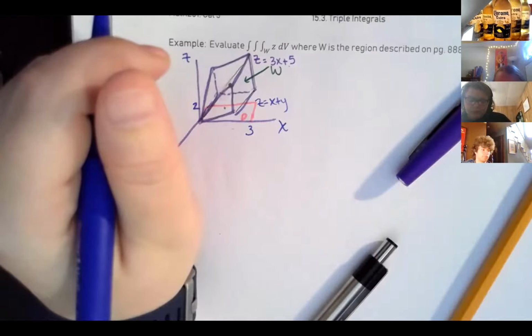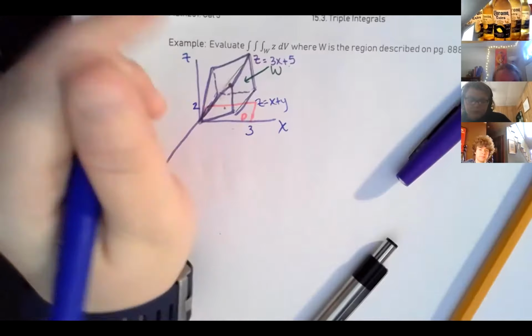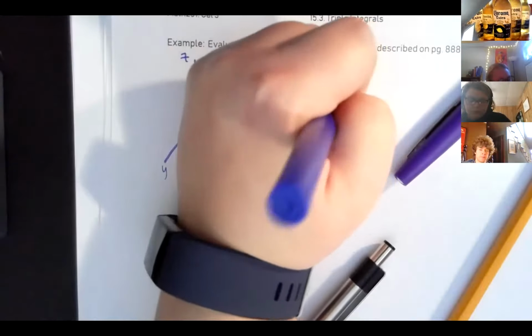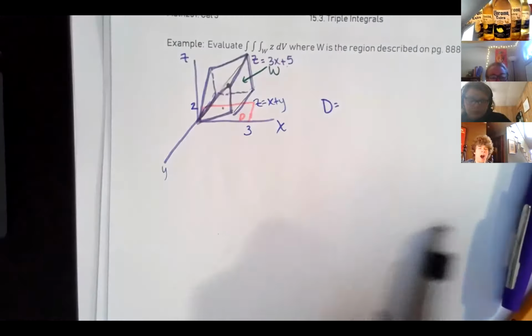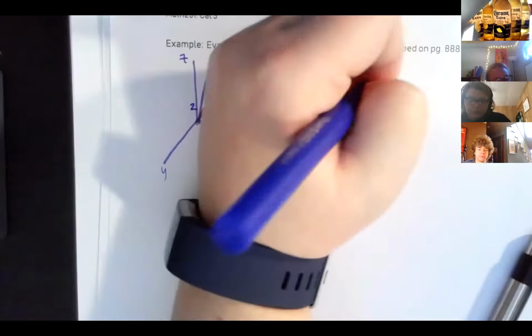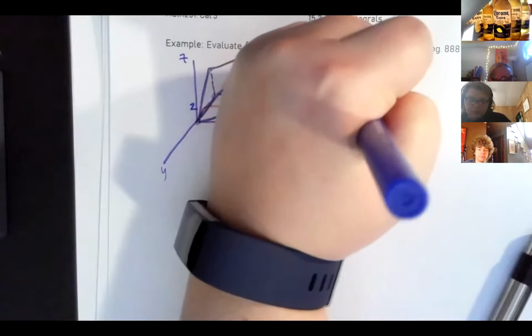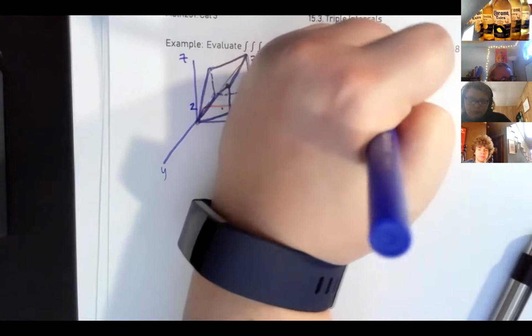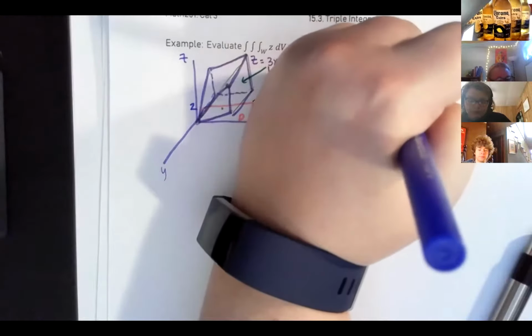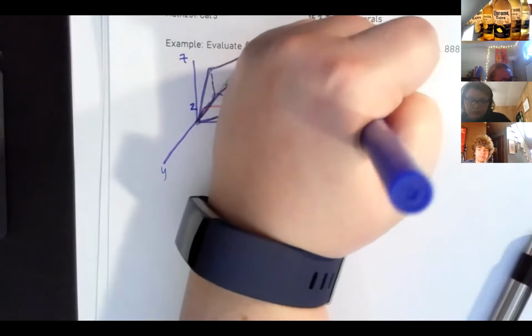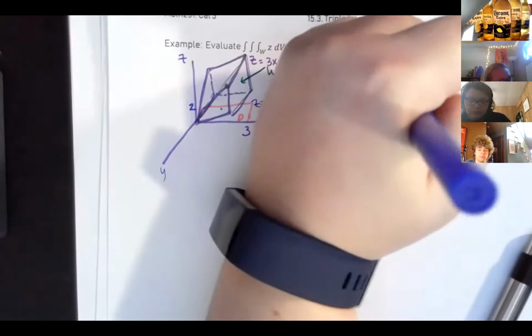D is defined by this lower rectangle, 0 to 3 for x, and 0 to 2 for y.